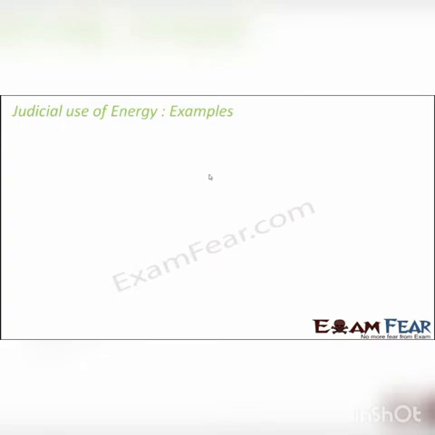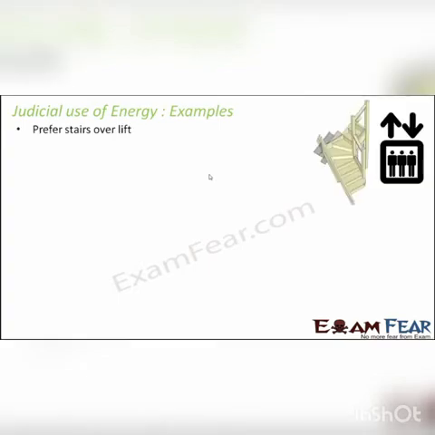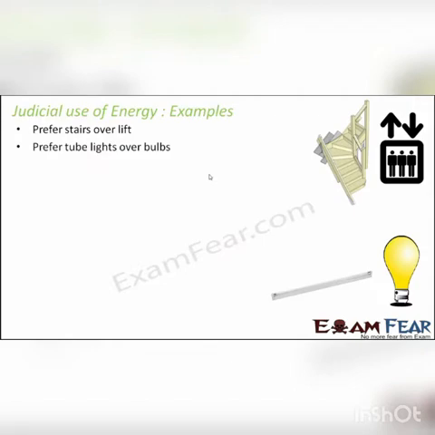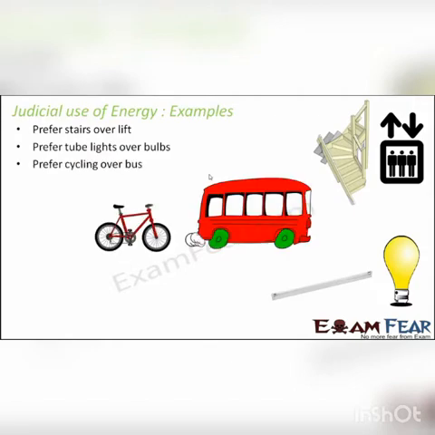So some of the ways by which we can make judicious use of energy: prefer stairs over lift, because the lift would cost electricity, and for electricity we use thermal power plants, and they are dependent on energy from coal. So basically, if you are wasting electricity, you are actually wasting fossil fuels. Prefer tube lights over bulbs, again to save electricity.